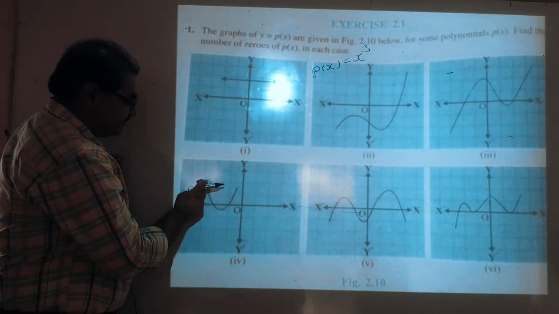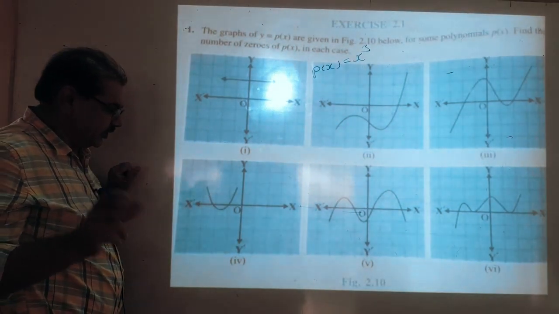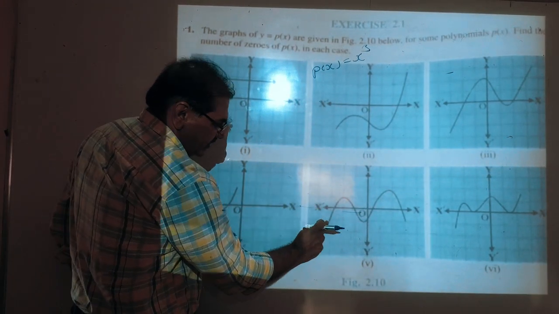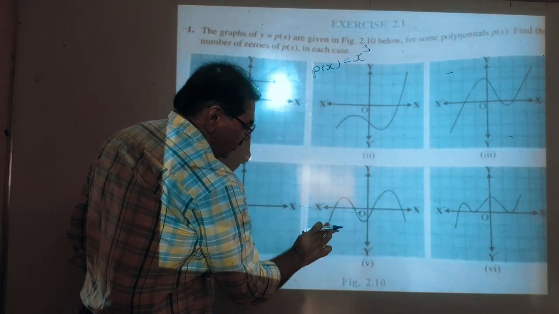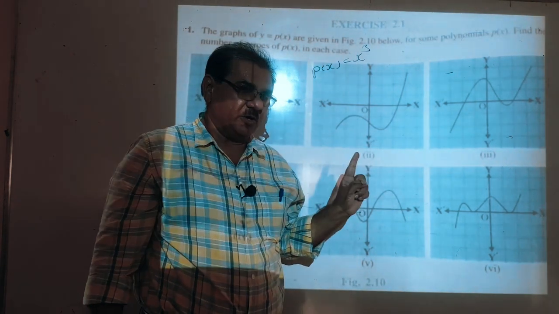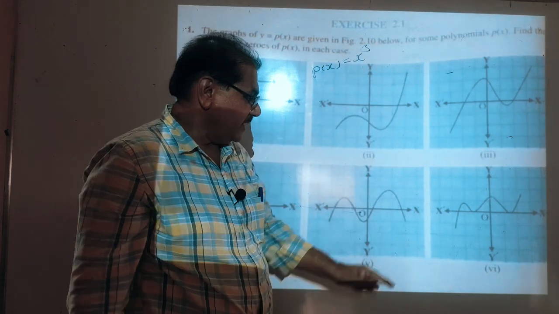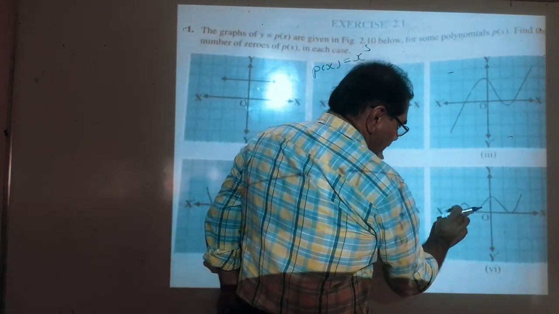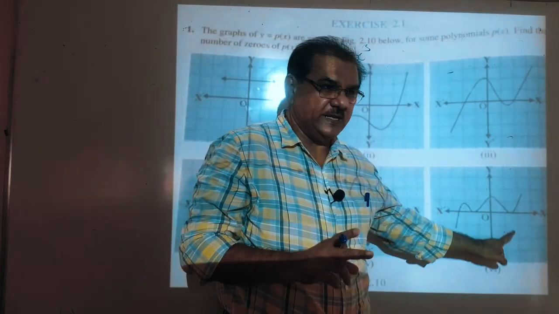Here it is a parabola open upward, so a quadratic polynomial, degree 2, and having 2 zeros on the x-axis. It is interesting, 1, 2, 3, 4. So it is a triple curve, 1, 2 and 3. So it is a degree 4 polynomial, so it can have at the most 4 zeros. Here also you can check 1, 2, 3. So it is having 3 curves, but being degree 4, it is having only 3 zeros.